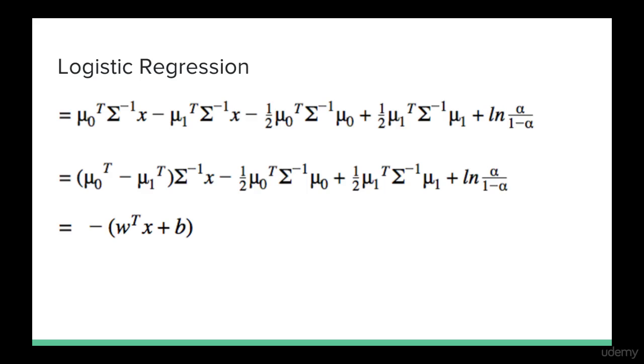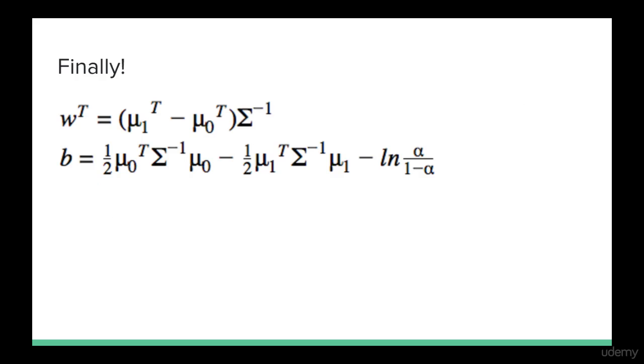Once again, we have one term that depends on x, this corresponds to w, and one term that does not depend on x, this corresponds to b. If you split out the terms for w and b, you arrive at these equations. I'll give you a second to look at them. You can always pause the video if you find it confusing or if you need more time.